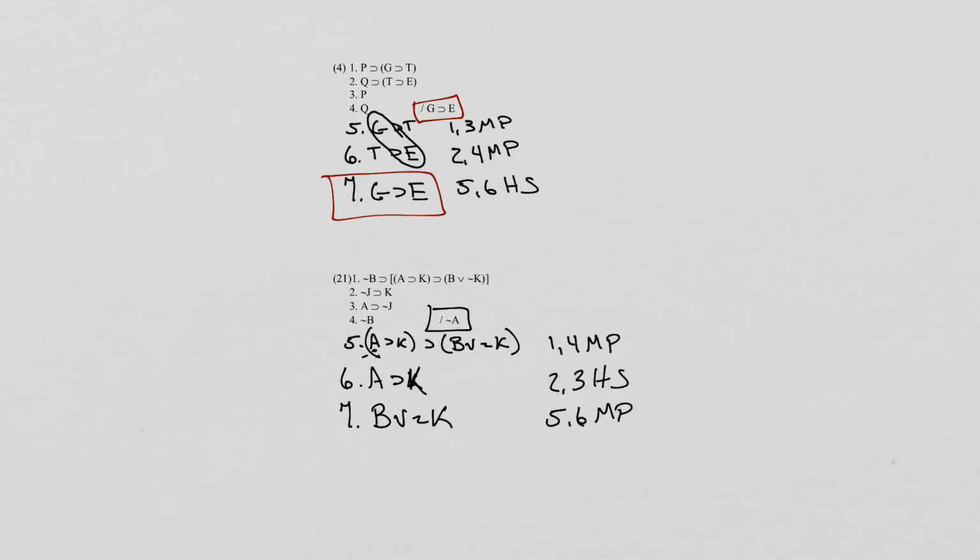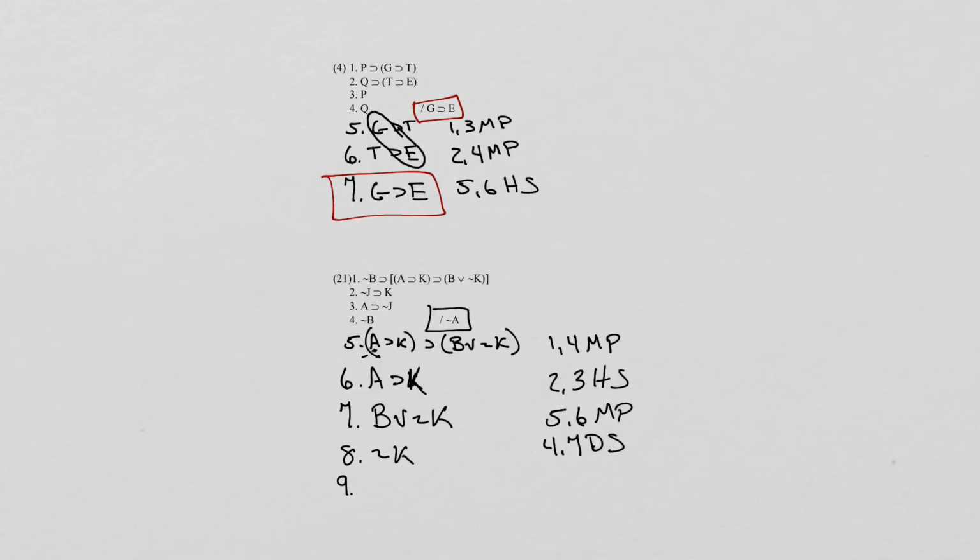So now I have B or not K. Okay, so now I have a disjunction, so I'm looking for the negation of one of these, and I'm seeing that line 4 gives me not B. So if I have not B, the negation of B, then that means I have not K. So I'll use line 4 and 7, and we'll use DS.